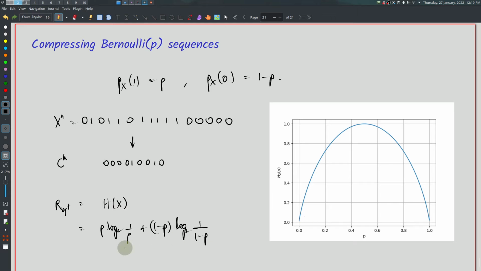Okay, if I try to plot the entropy, note that this is completely parameterized in terms of P, and P, the probability of getting a 1, can vary between 0 and 1. So if I plot it out, this is what it is going to look like.